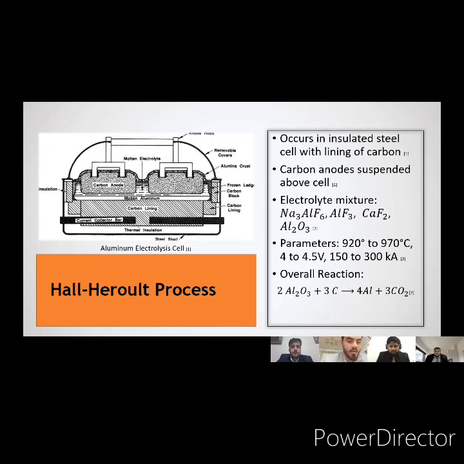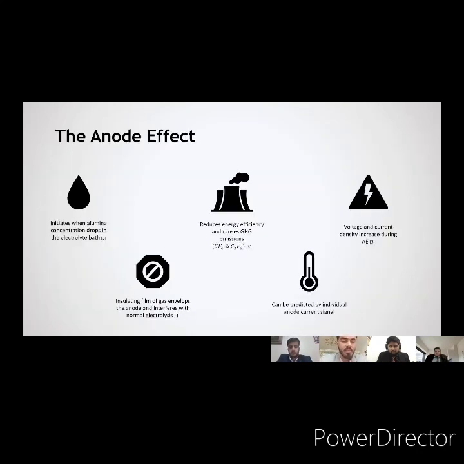The anode effect. One of the problems that can happen during this process is the anode effect. It occurs when the level of alumina in the electrolytic bath drops below a certain threshold value. Normal electrolysis stops at this state. The greenhouse gases carbon tetrafluoride and hexafluoroethane are evolved, and current density and voltage of the cell rise significantly, which decreases the efficiency of energy consumption.